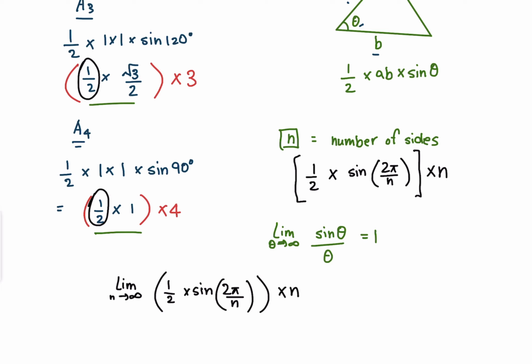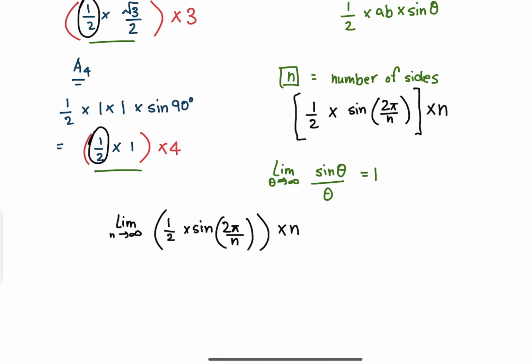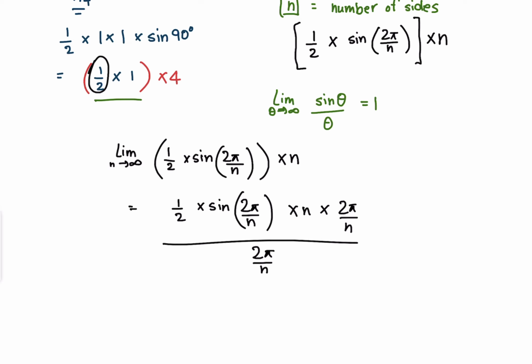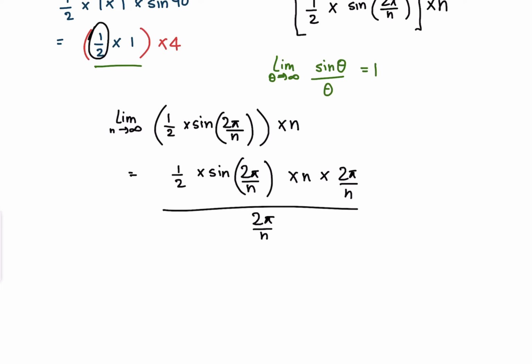So what does this do? Well, this is pretty much what we have over here. And what we're going to do is multiply this by 2 pi by n. You'll see why I'm doing this in a minute. So 1 by 2 times sine 2 pi by n times n times 2 pi by n. And then we'll divide it by 2 pi by n to cancel it out. So you can see that this 2 and this 2 cancel out.